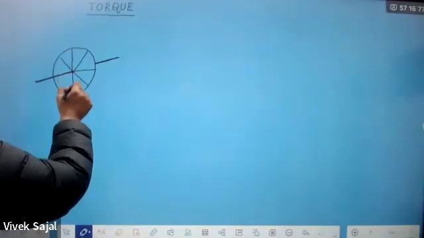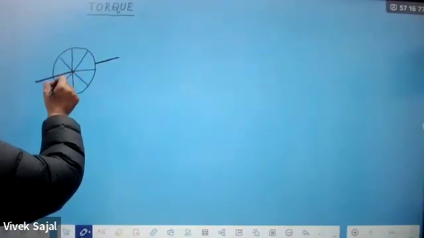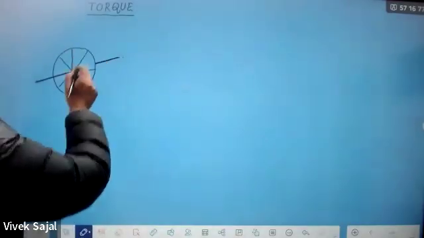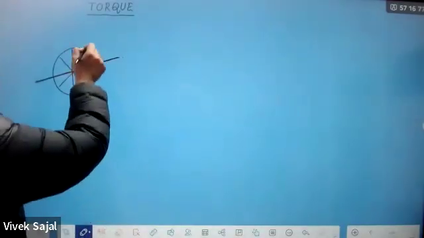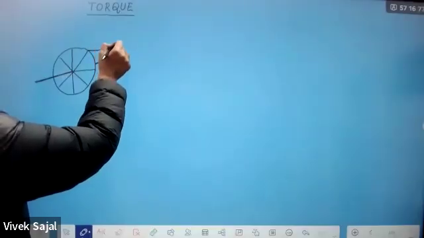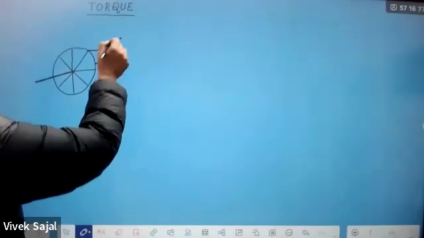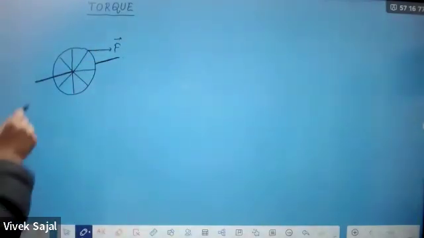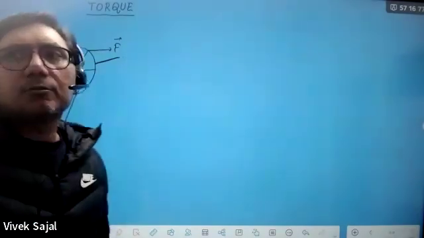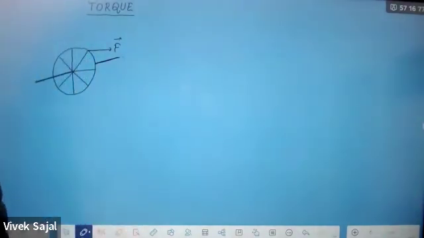And if you apply a force over it here, a force like this F, then by applying this force, this wheel which is pivoted on this axis is going to rotate.